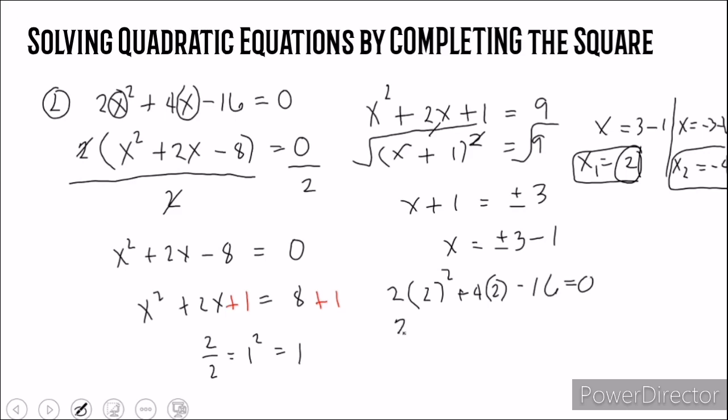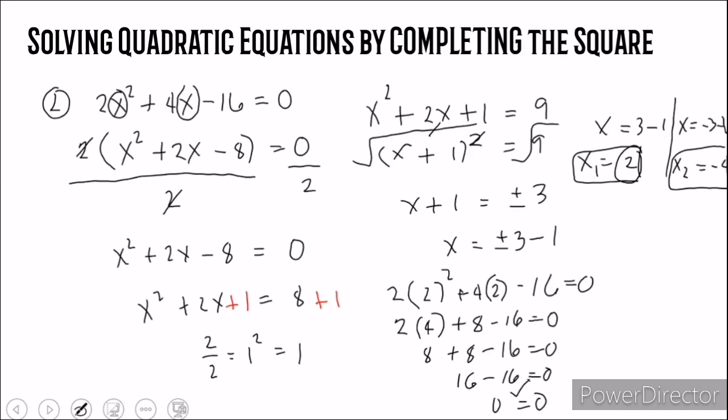Okay, 2 times 2 is 4. 4 times 2 is 8 minus 16 equals 0. 2 times 4 is 8 plus 8 minus 16 equals 0. 8 plus 8 is 16 minus 16 is equal to 0. 0 is equal to 0.